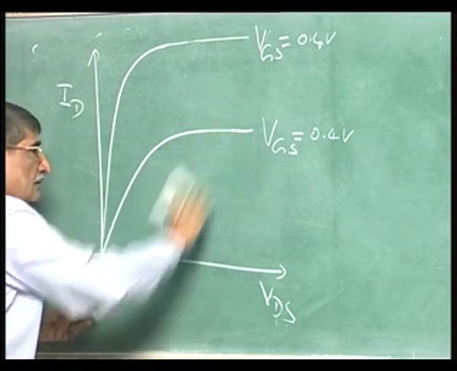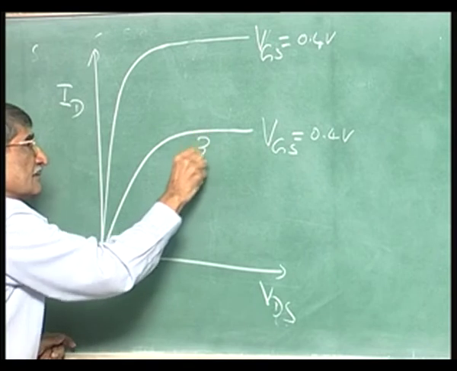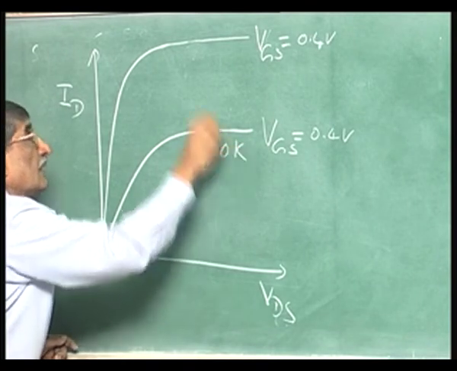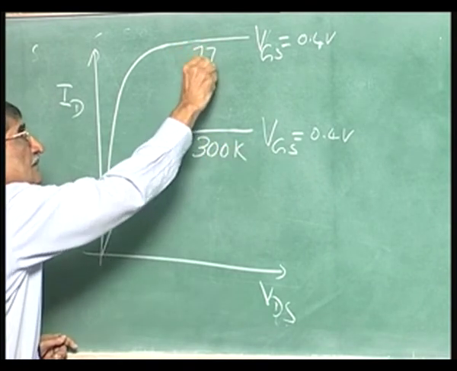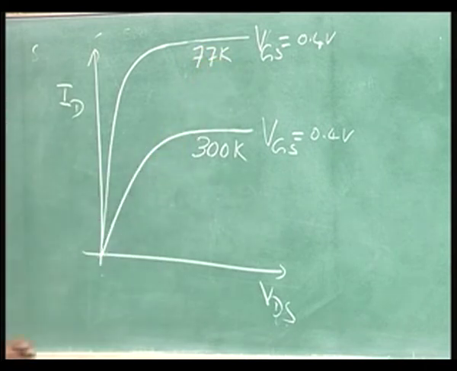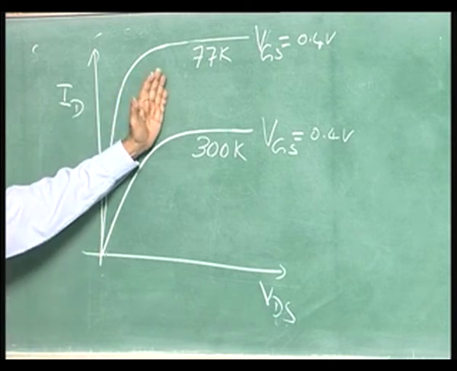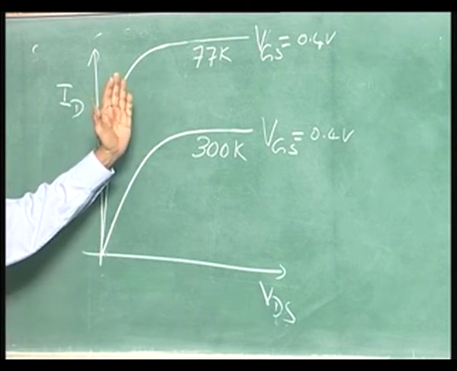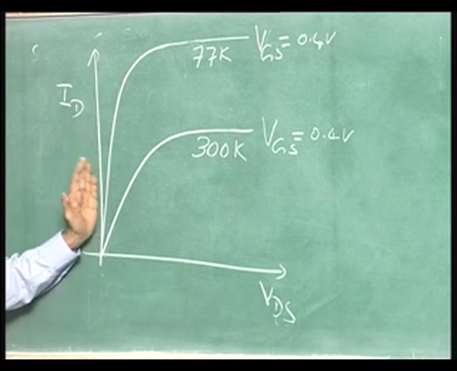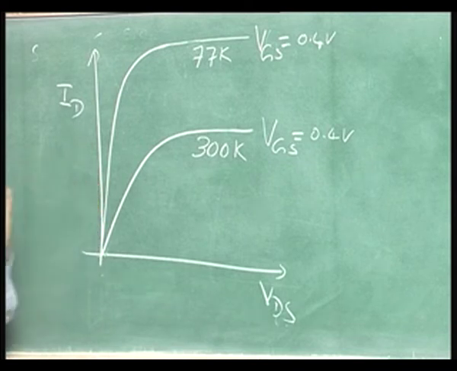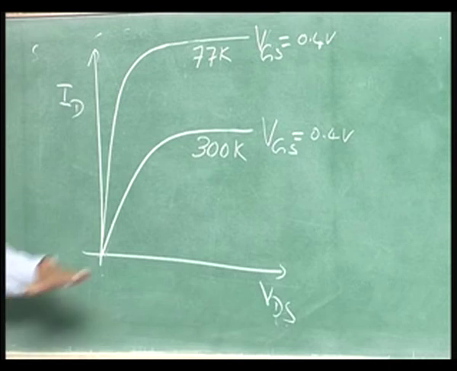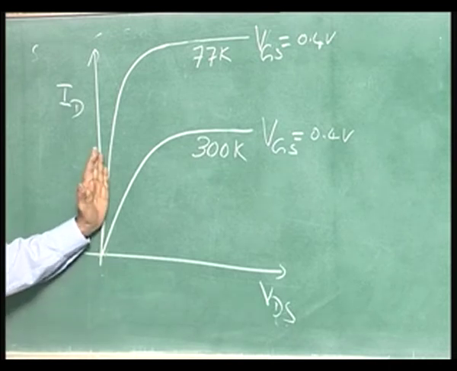This is at 300 degrees Kelvin, and this is at 77 degrees Kelvin. You can see the benefit here. Not merely do you get better transconductance, you also get a smaller on resistance. For digital circuits, it is really required; you want the on resistance to be smaller.